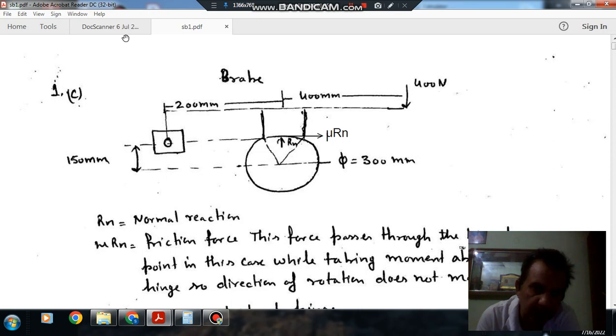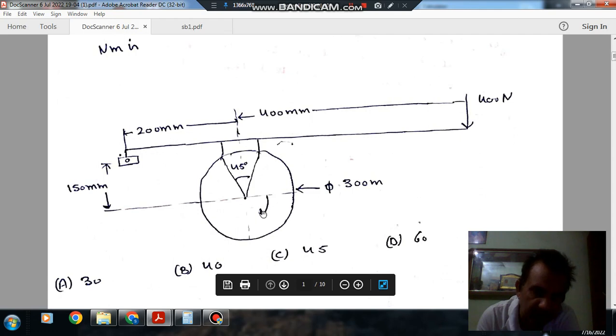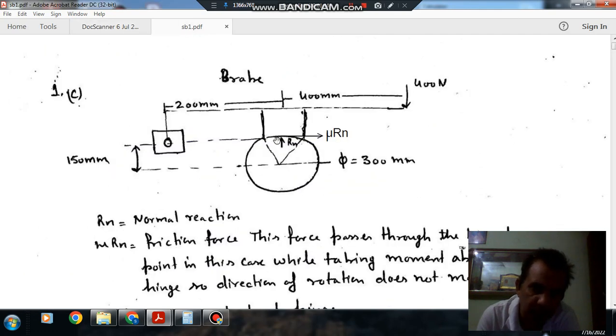As this drum is rotating in clockwise direction, the shoe will have relative motion in an anti-clockwise direction as compared to the drum. So we are considering the forces on this shoe and on this lever.